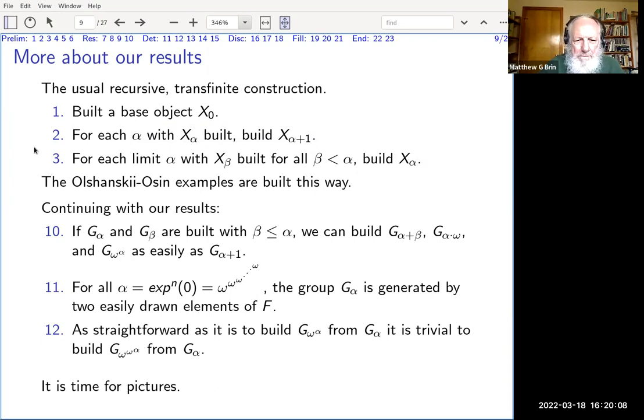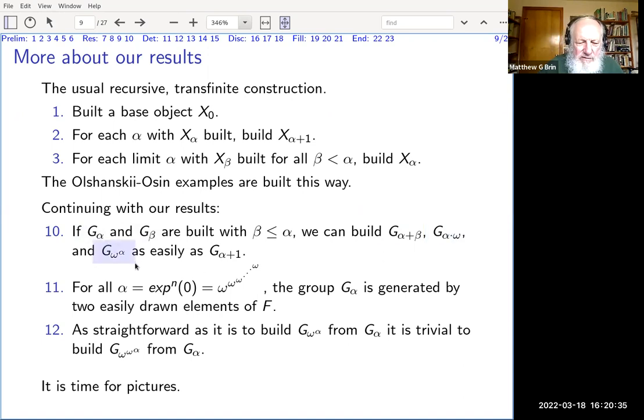However, we're different. If you give me a couple of these things with the one on the right less than the one on the left, I can build the group that corresponds to the sum very easily. I can build the group in some sense that corresponds to the product, certainly that corresponds to alpha times omega.